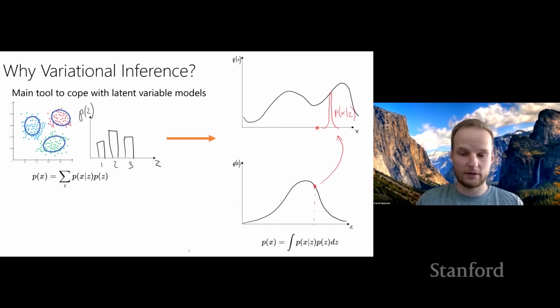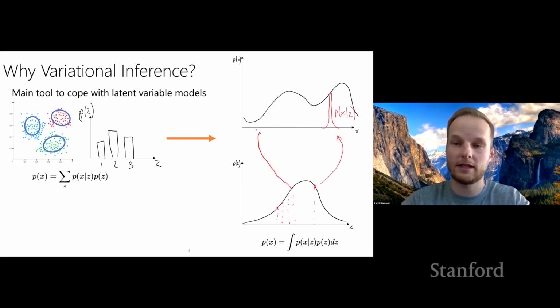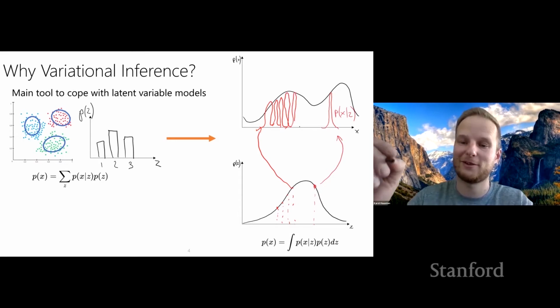Now, what that integral is doing is integrating out z, so it's taking the integral over all possible values of z. For example, these are a few samples, and each one of them can be mapped to a slightly different Gaussian. Like for example, something like that or something like that. And they could be right next to each other. Sorry, this is a terrible picture, but I hope you get the idea.